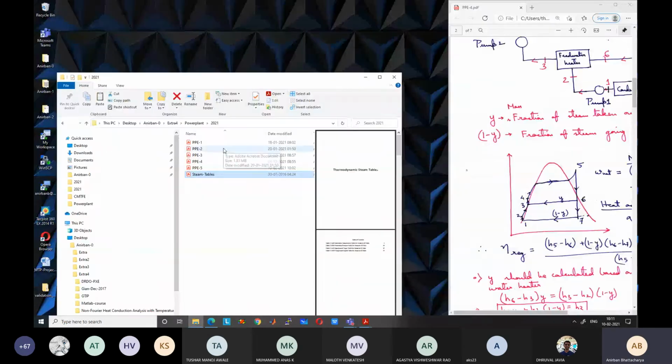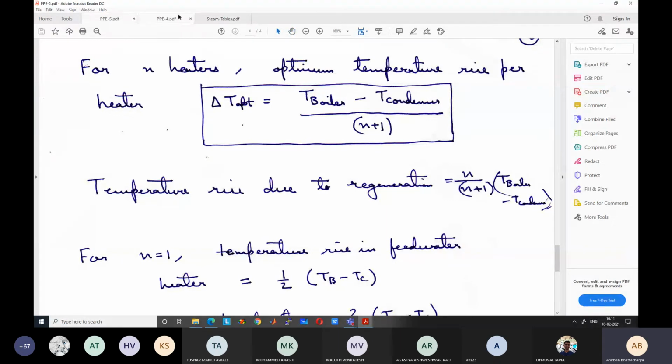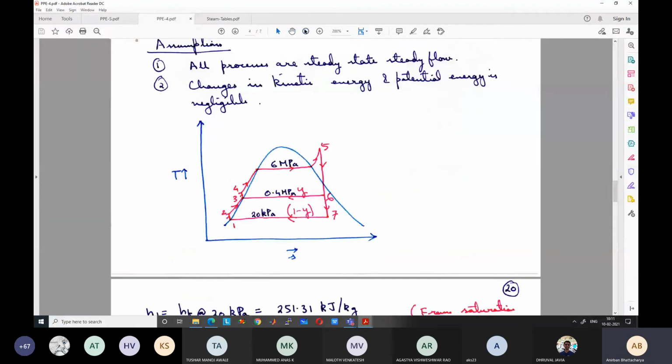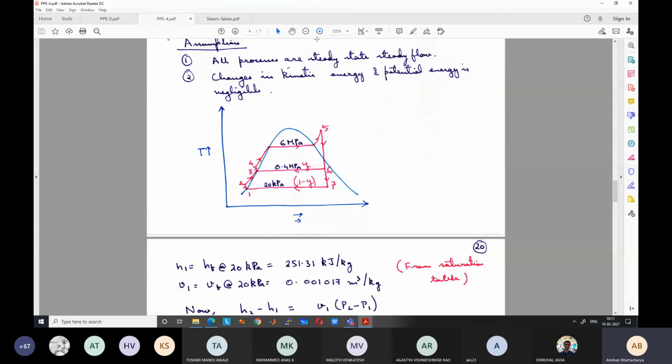So first let us try to find the value of enthalpy at point 1. Okay, H1. Any state is fixed by having two independent known parameters. For state 1, what are the two known parameters?